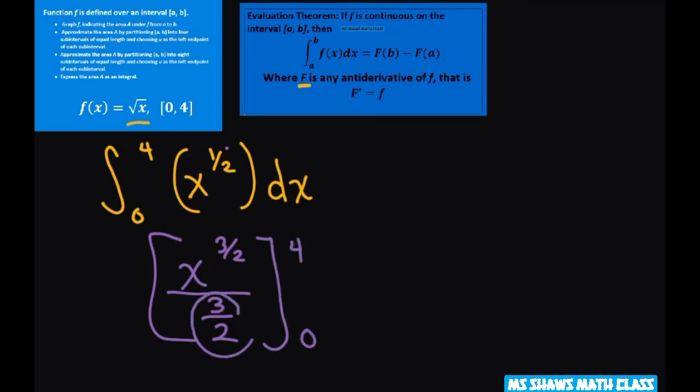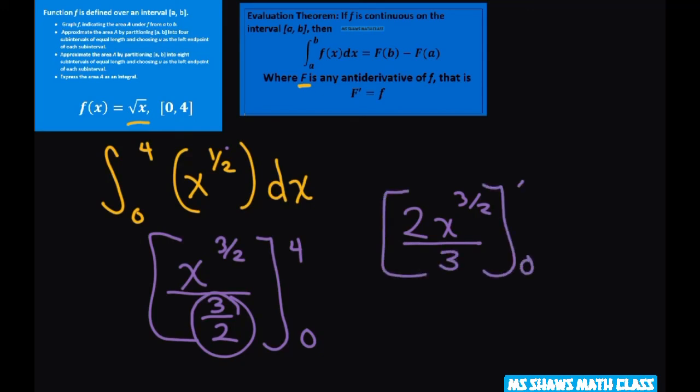This can be written as 2x to the 3/2 divided by 3, evaluated from 0 to 4. When you plug in 4, you get 2 times the square root of 4 cubed divided by 3, minus 0.